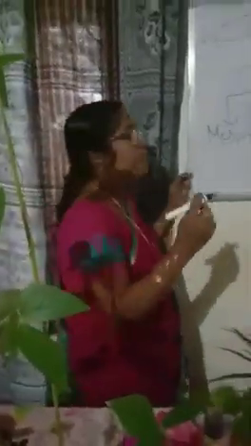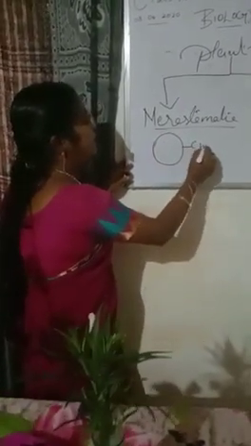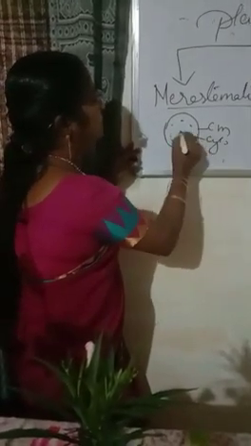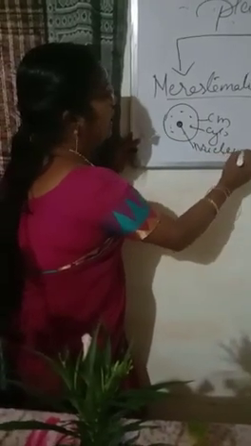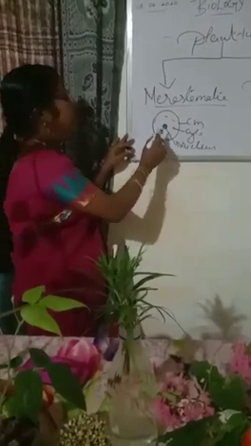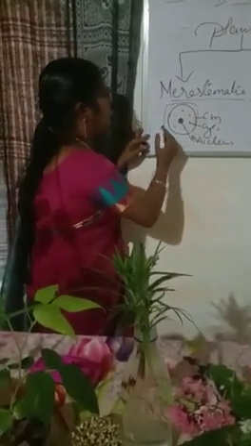What is a cell wall? As I told you earlier, the three basic parts of a cell are cell membrane, cytoplasm and nucleus. In plant cells, in addition to these three structures, there will be another structure known as cell wall.